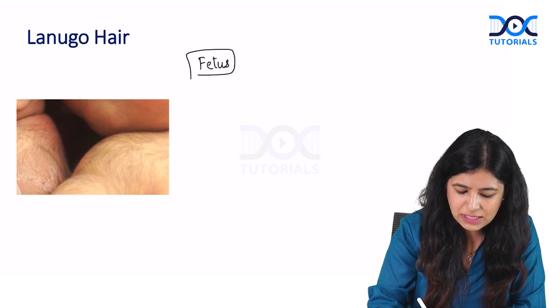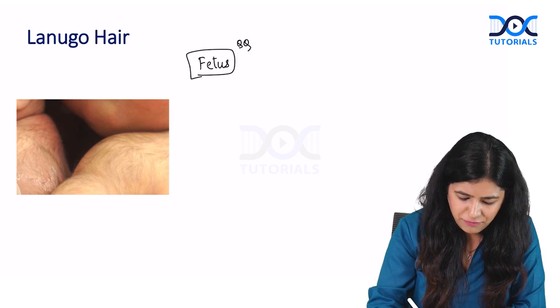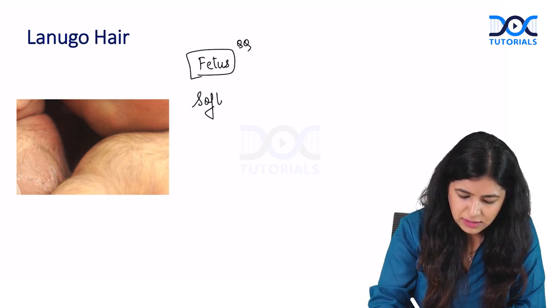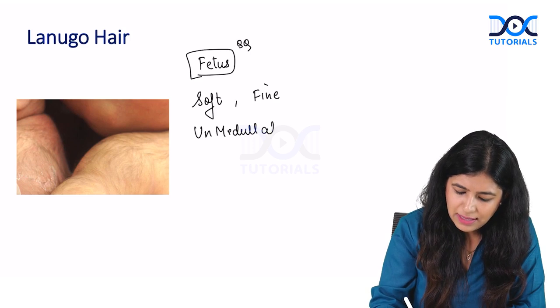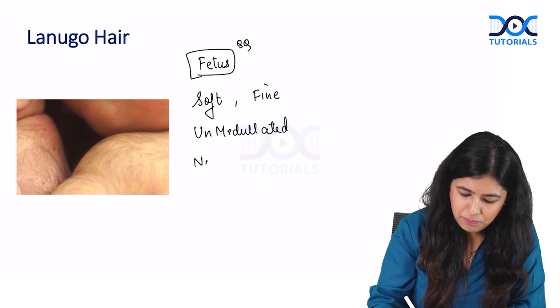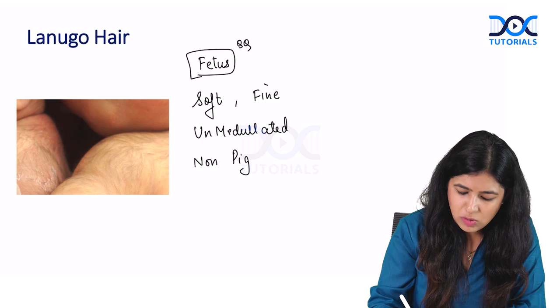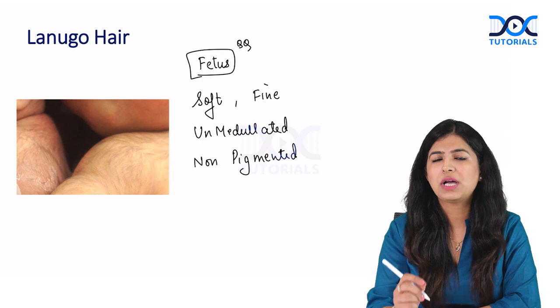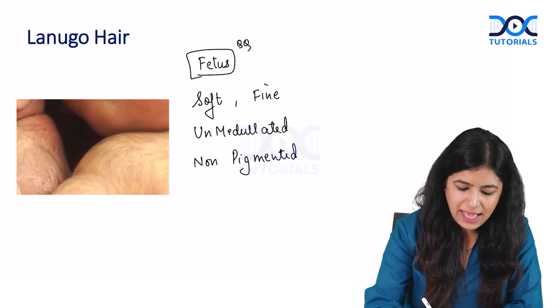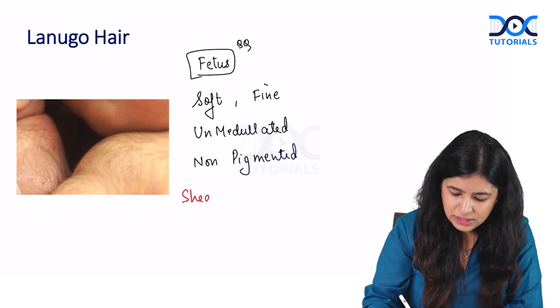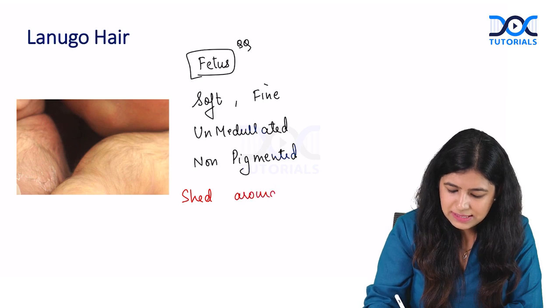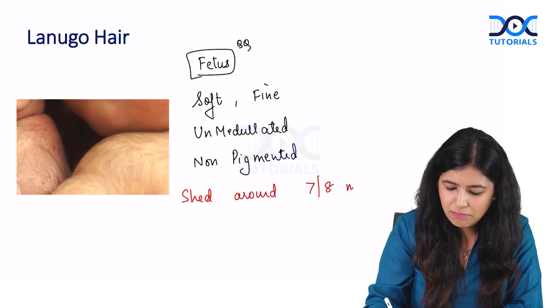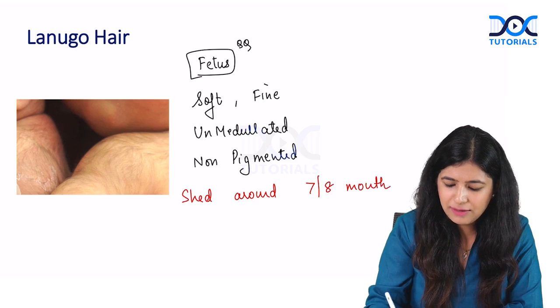So coming to the lanugo hair, as I told you, these are intrauterine, so they are present in the fetus. These are very soft, fine hair, and they are unmedullated and non-pigmented. So these are soft, fine, unmedullated, non-pigmented hair which are present in the fetus, and they generally shed around 7th to 8th month of the intrauterine life.